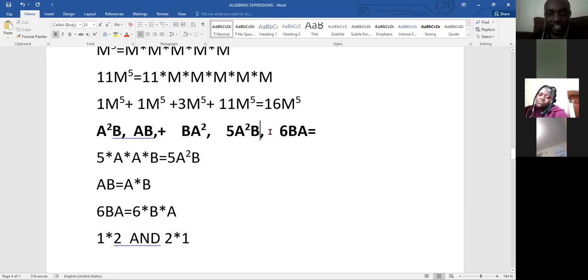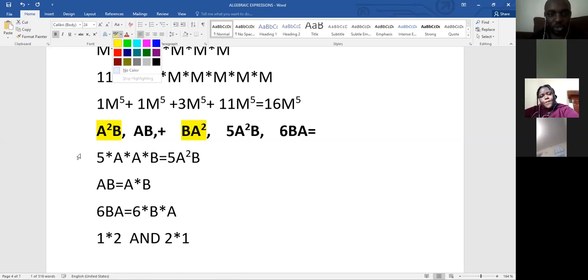So we can say A squared B, if I highlight it in yellow, is like terms with B A squared, because what I want is A to be squared and then multiplied by B. Here it is B multiplied by A squared, which means it is the same thing.